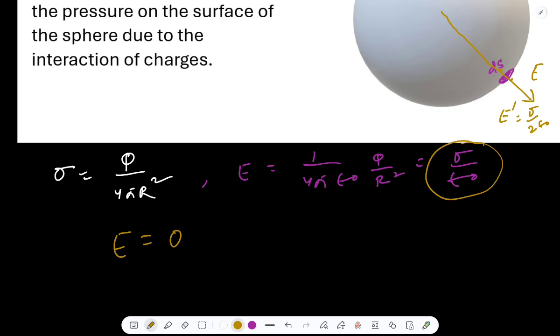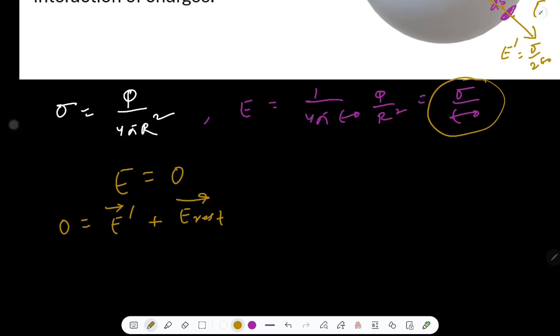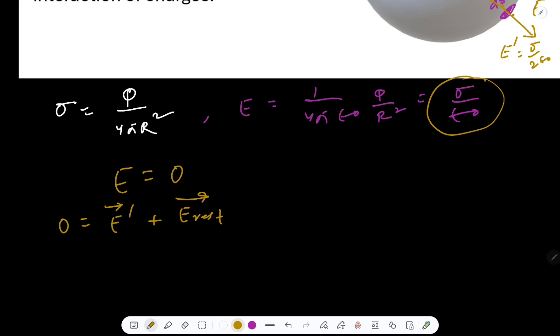And this will be constituted by two electric fields, namely the electric field produced by the patch and the electric field produced by the rest of the sphere. I would like to write 0 is equal to the electric field produced by the patch plus the electric field produced by the rest of the sphere. So it is obvious that the electric field produced by the patch will be equal in magnitude and opposite in direction to the electric field produced by the rest of the sphere at this particular point.